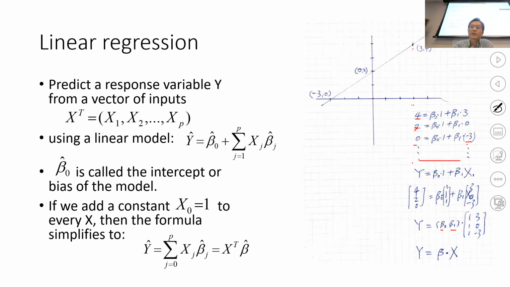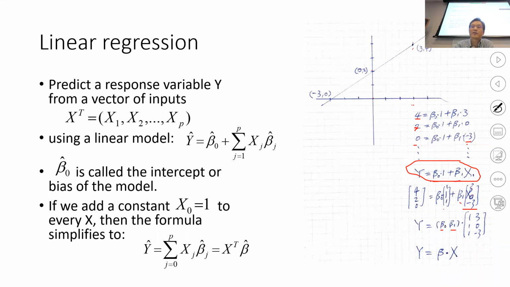So we need an equation. We need to estimate beta 0, beta 1 to make these 3 data points satisfy this relationship. Okay, if you write this in matrix form, that will be the x input 3, 0, -3 times the vector beta.